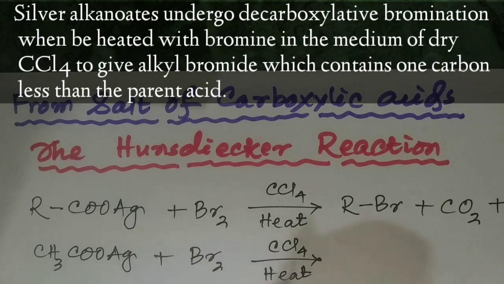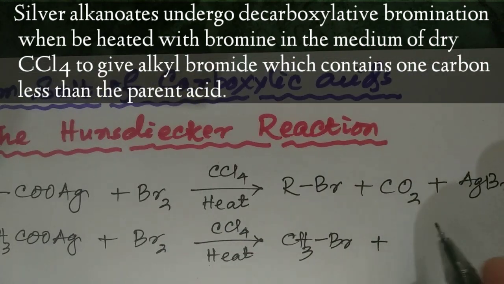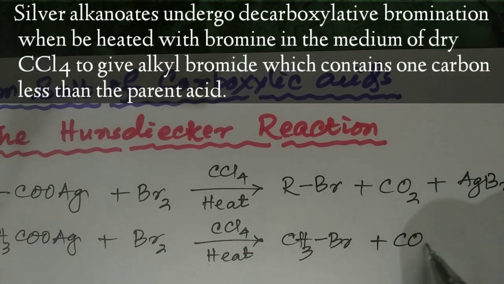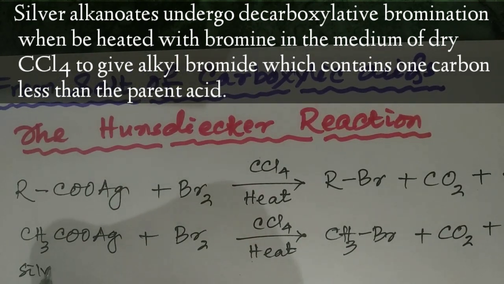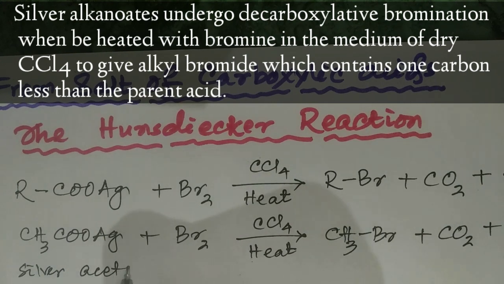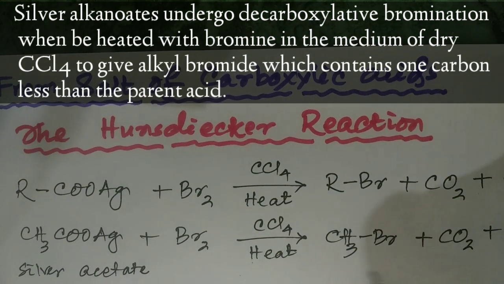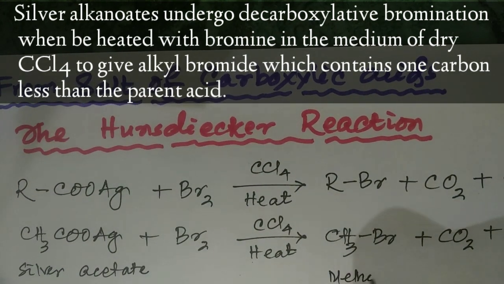What is R? CH3. So CH3Br. We will get CH3Br plus the side products are the same. The byproducts are the same, carbon dioxide and AgBr. Okay, so it is silver acetate, and from silver acetate we are getting methyl bromide.